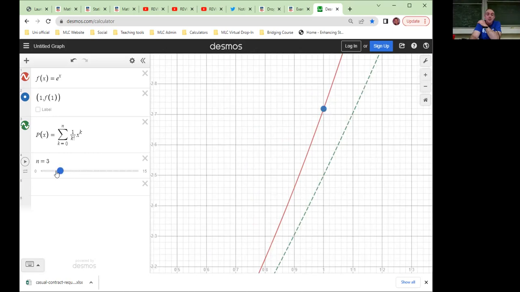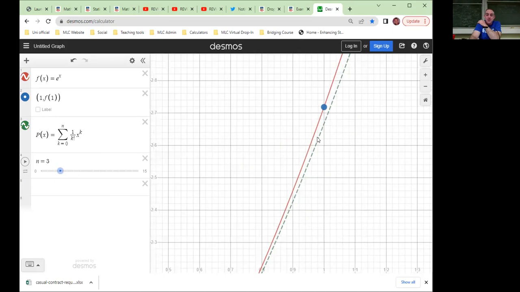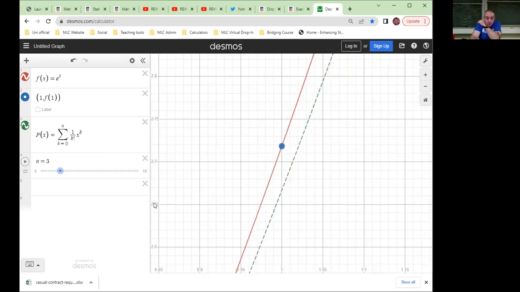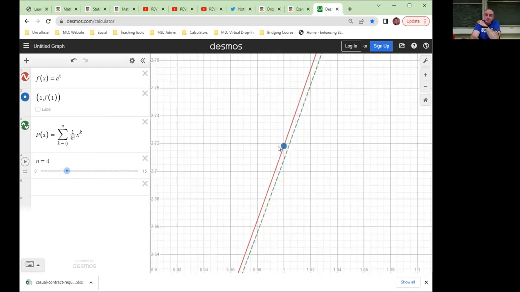At 3, now the distance goes from 2.6, that's 2.67, I'm up to 2.8, so we've got about 0.05, I think, and now the distance is even closer.